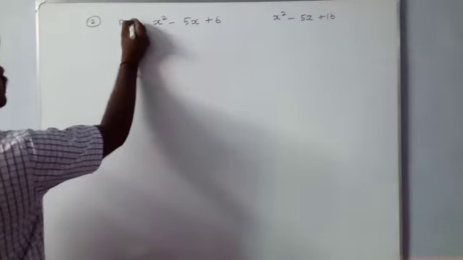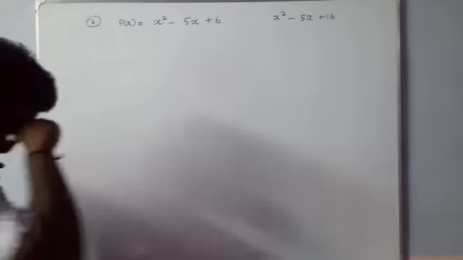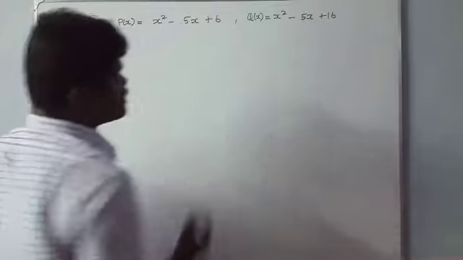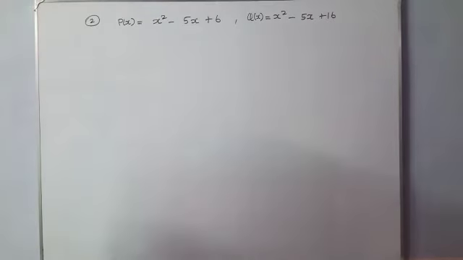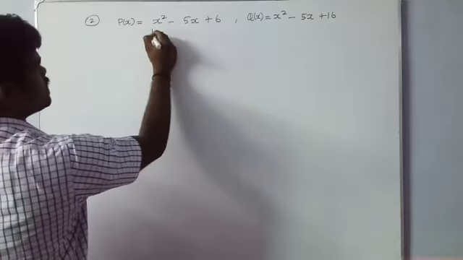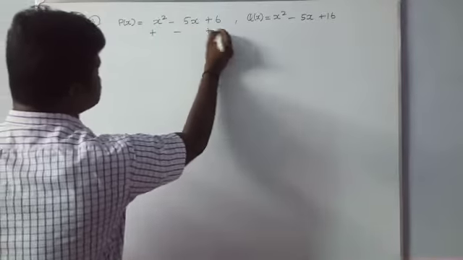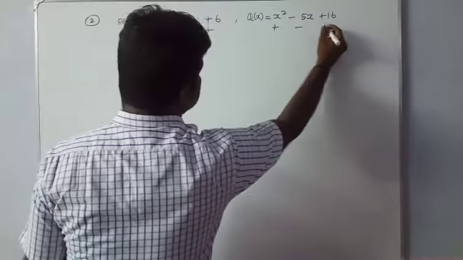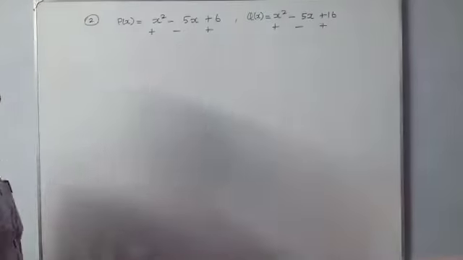First of all, let this equation be p of x, and the other equation be q of x. There are two equations and we want to compare them. First of all, how many sign changes are here? Plus, minus, plus. And also here plus, minus, plus. Both equations have two sign changes, from plus to minus and minus to plus.